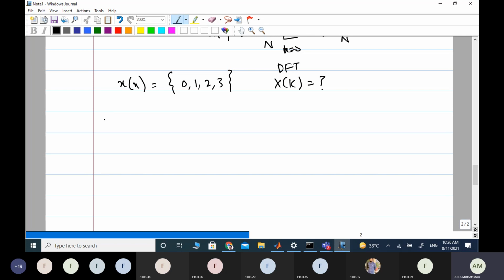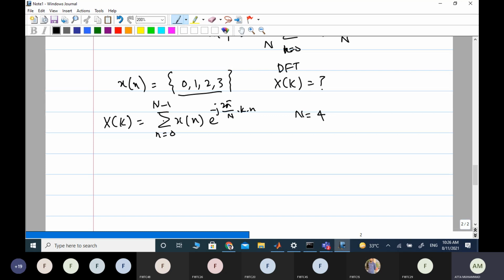Then by formula we know that X of k is equal to summation n from 0 to N minus 1 of x of n e to the power minus j 2 pi by N times k times n, right? Now what is N here? What is the length of this signal? We got N is equal to 4, right?